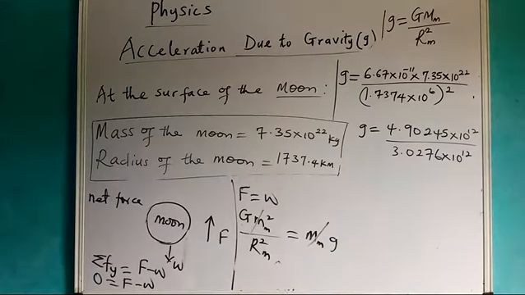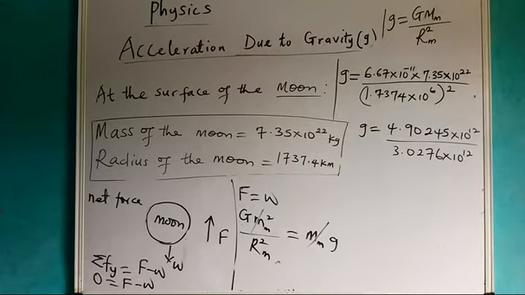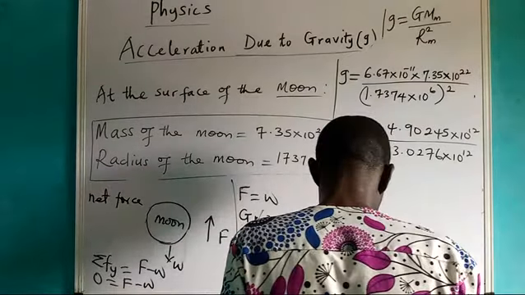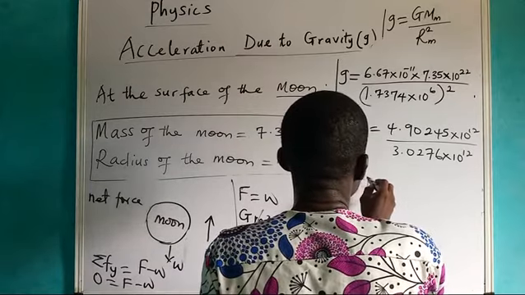Multiplying the numerator, we have 4.90245 × 10^12. And we also square the denominator, we have 3.0276 × 10^12. Now, dividing the numerator by the denominator, this is what we have from the calculator.